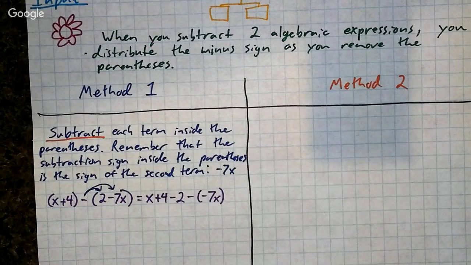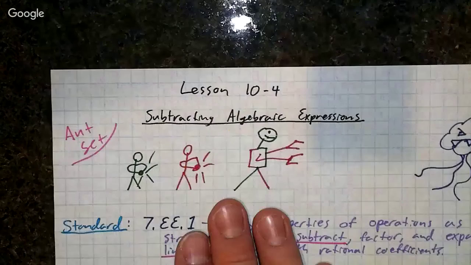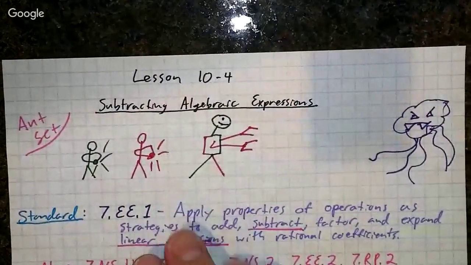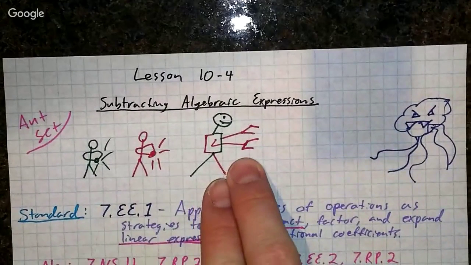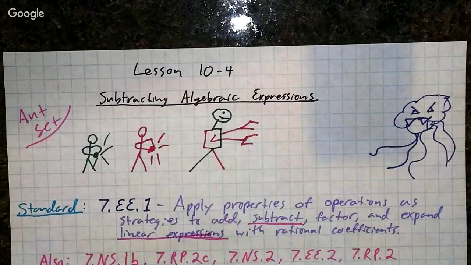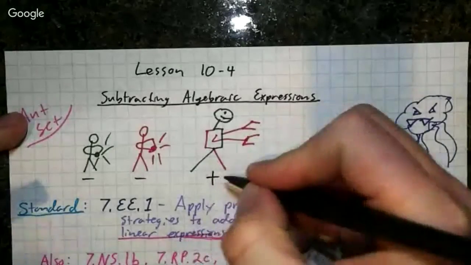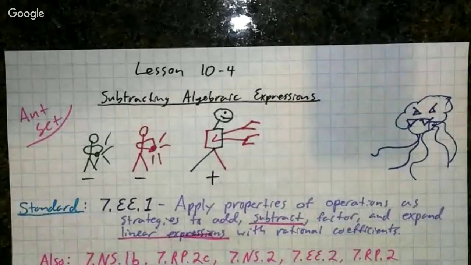And now my flimsy little anticipatory set will actually come in handy. Because remember, one of the rules is that if you have two signs come together, it changes to something. Let's pretend up here that these are both negative signs. When they come together, they form a positive sign. That's how it fits in.